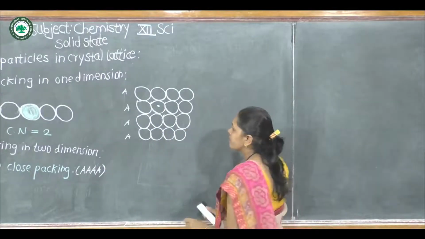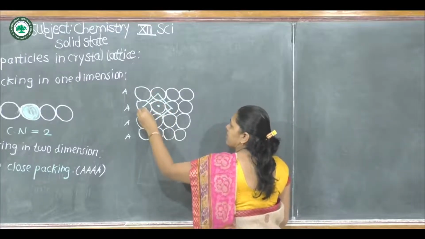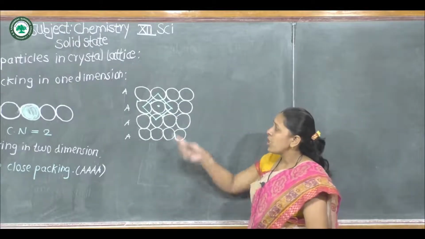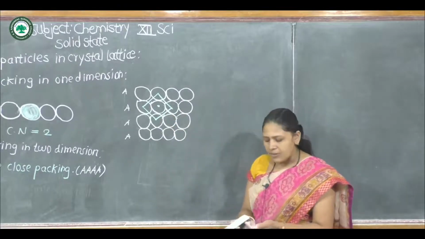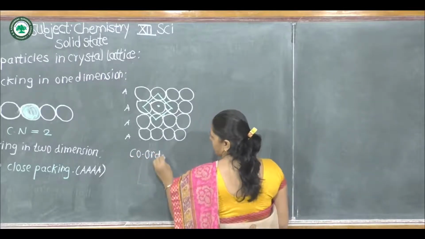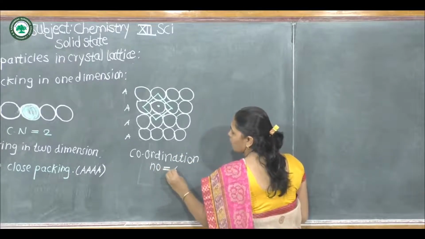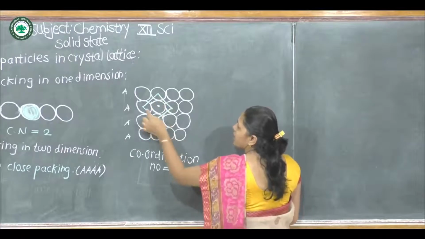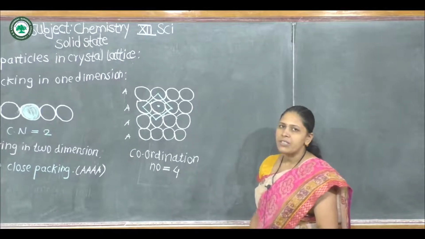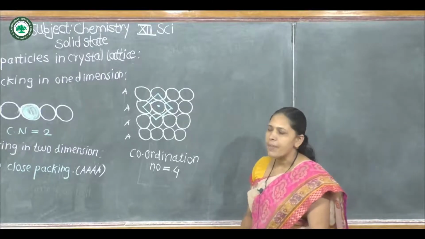This central sphere touches four neighboring spheres, therefore its coordination number is 4, and the neighboring spheres form a square arrangement. Therefore, this type of packing is called square close packing.